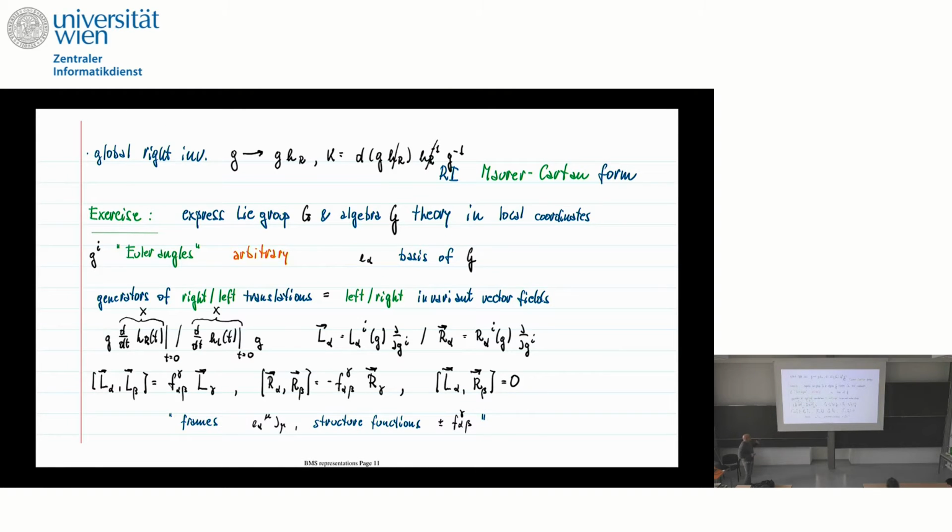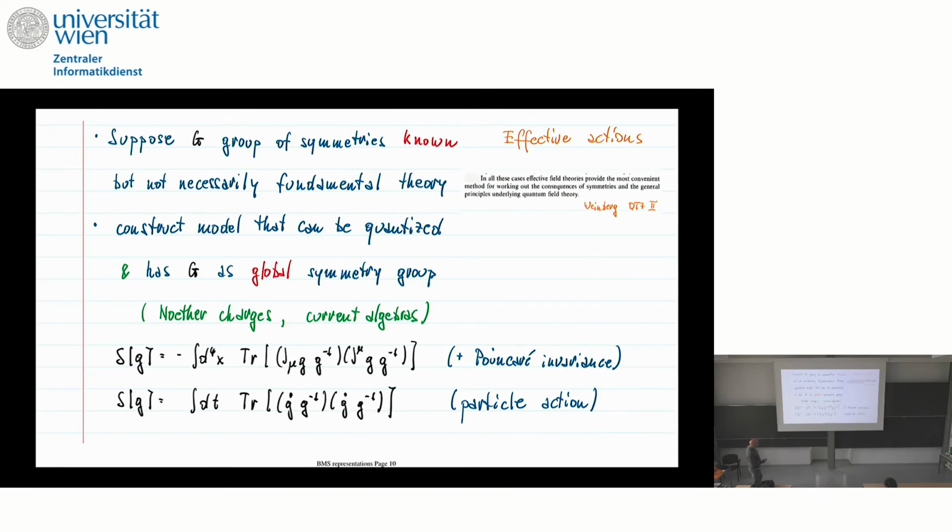Then, if you want to compute the conserved charges and really compute with these models, of course you can compute abstractly in terms of group elements, but this is not how we are used to doing field theory. We are used to doing field theory by telling precisely what the fields are, and then really working with these fields as coordinates.